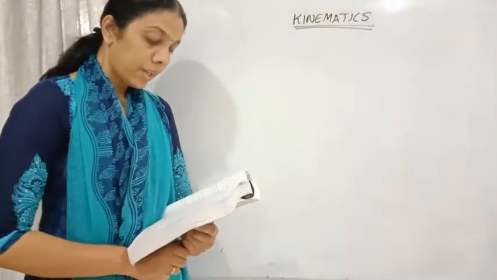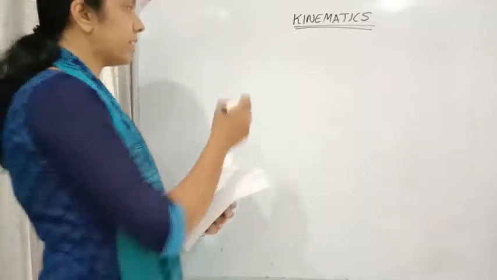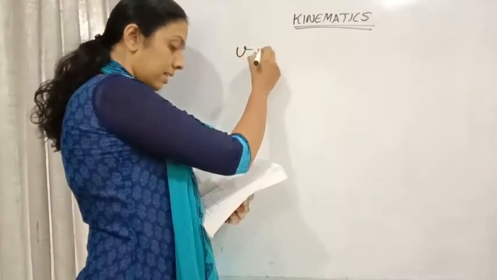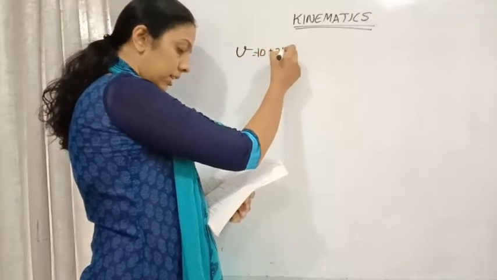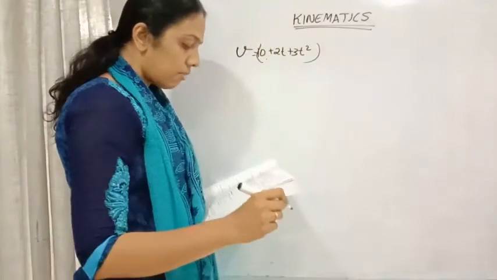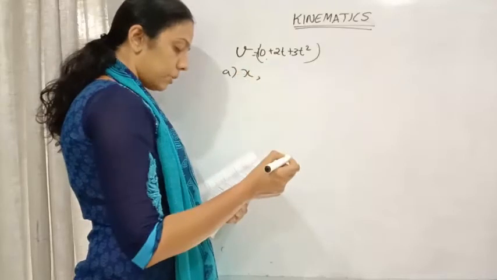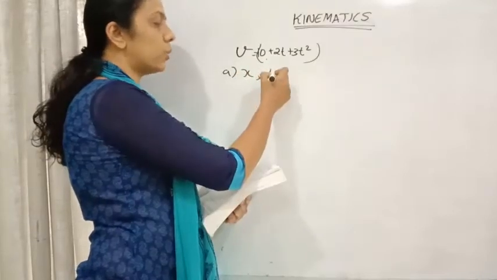Next, the velocity-time equation of a particle moving in a straight line is v equals 10 plus 2t plus 3t square, in SI units. Find the displacement of the particle from the mean position at time t equals 1 second.